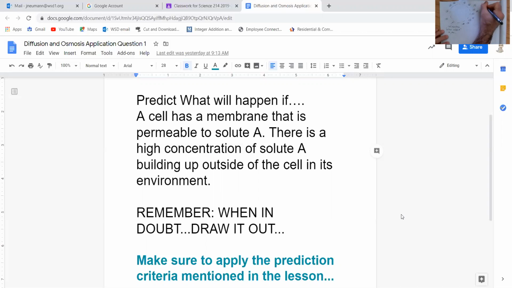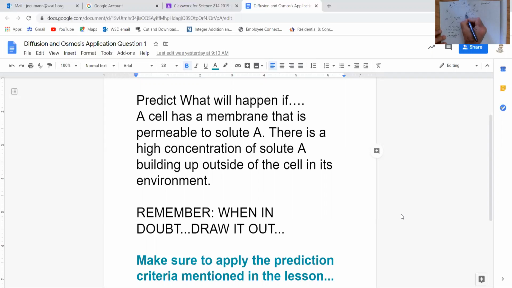So this is in the environment. You didn't have to include a sketch. That wasn't part of the work. The sketch is there to help you to think it through and figure out what's going on. So this is the cell membrane. This is inside. And nature will want to achieve equilibrium. Our prediction then is, since A can pass, since it is permeable, since it can get through, it will get through because it wants to achieve equilibrium.